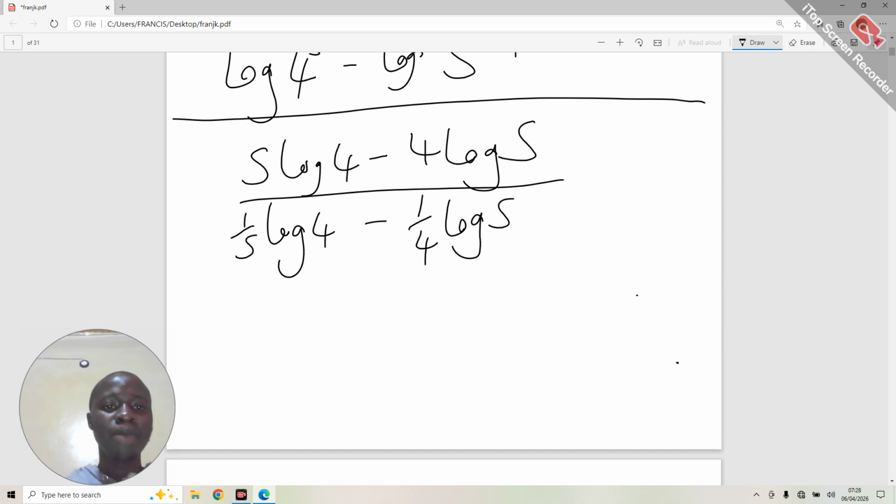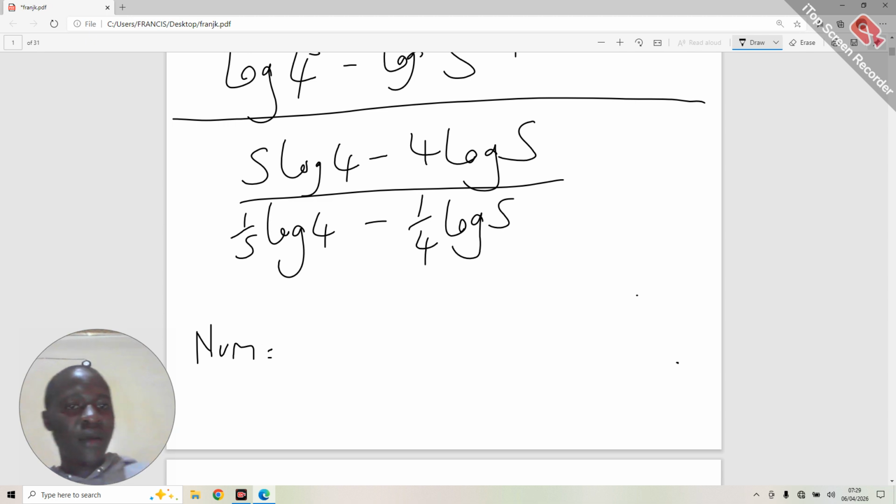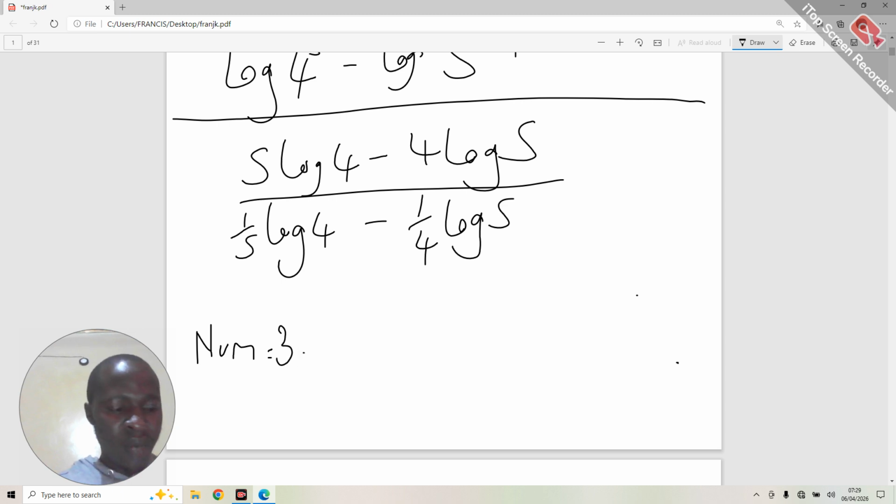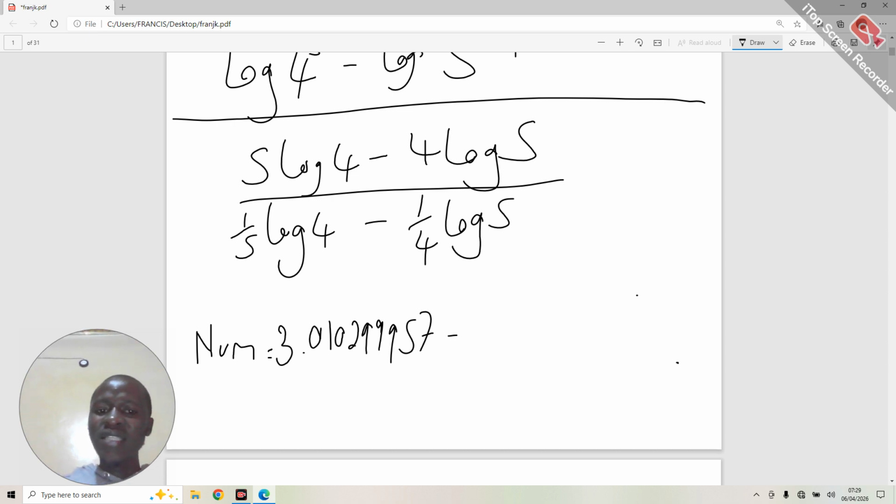So, under the numerator, I'll press 5 log 4 in my calculator. 5 log 4 in my calculator is giving me 3.010299957 minus, remember at this juncture, don't round off anything, don't truncate anything when you are still working out.